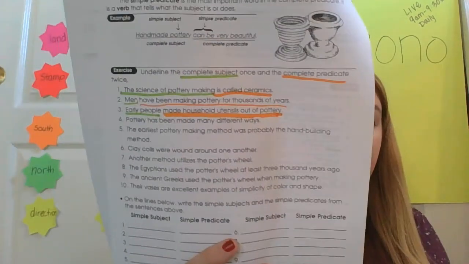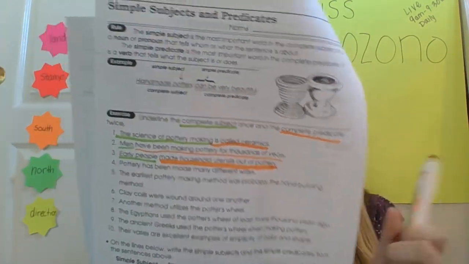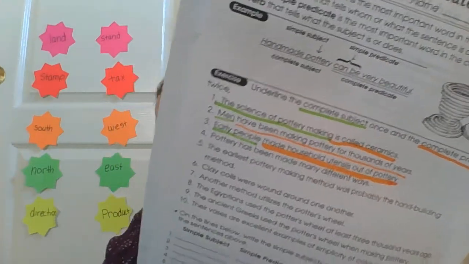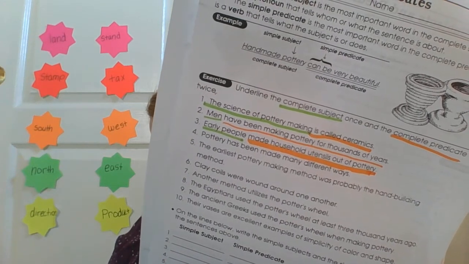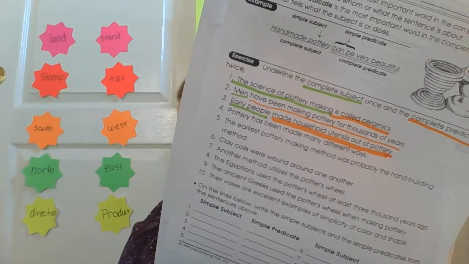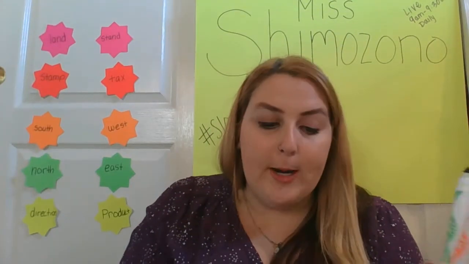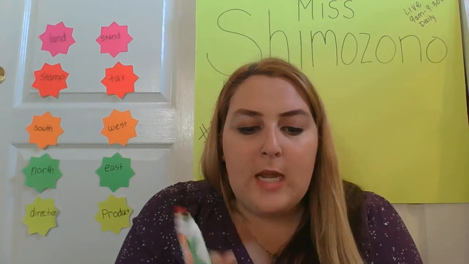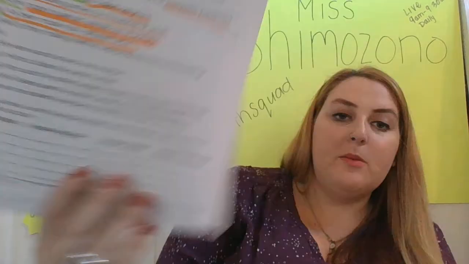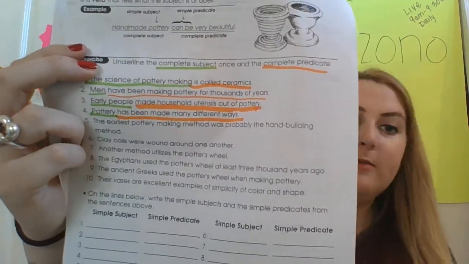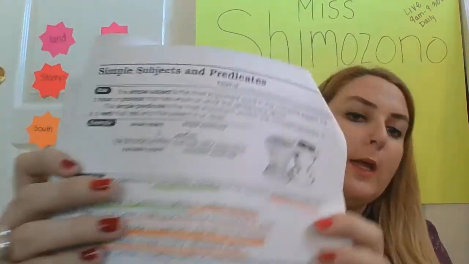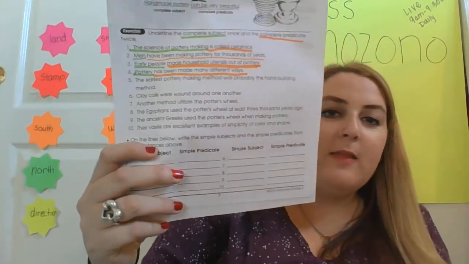So this is about early people. And what are they doing? They made utensils out of pottery. Number 4, pottery has been made many different ways. What is this about? And what are they doing? So this is about pottery. And it is about many different ways. That is 1 through 4.